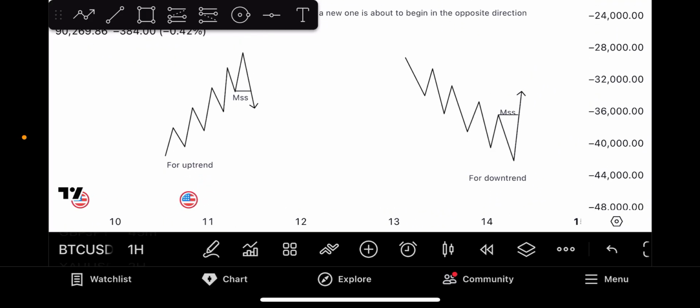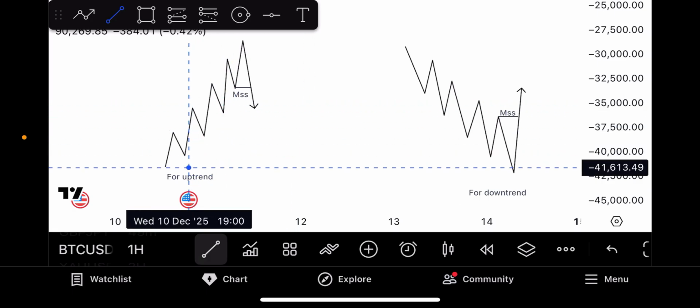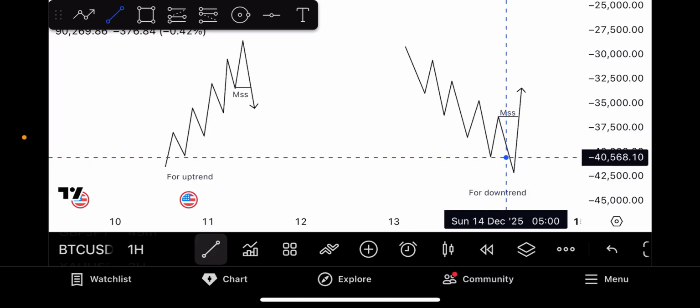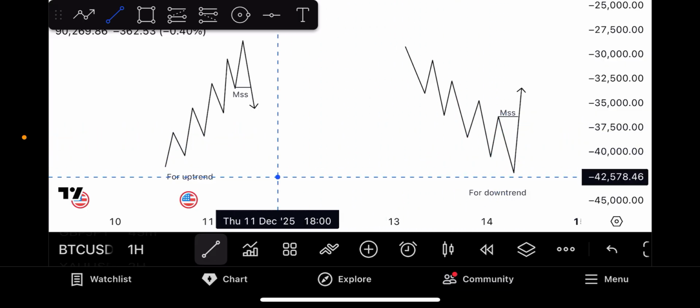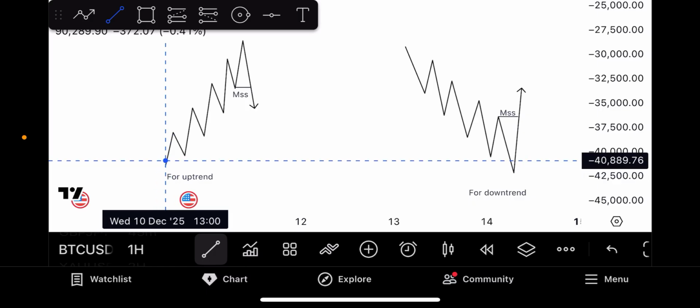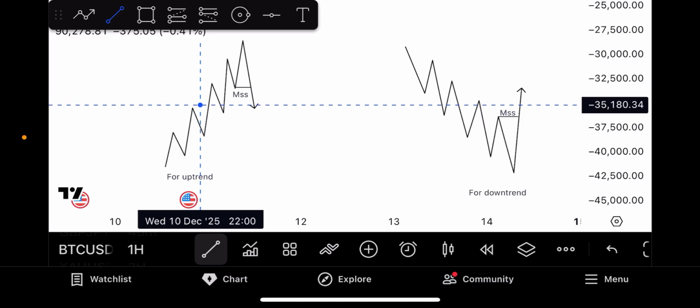This is an example of a market structure shift for an uptrend. You could see price was making a series of higher high, higher low, higher high, higher low.